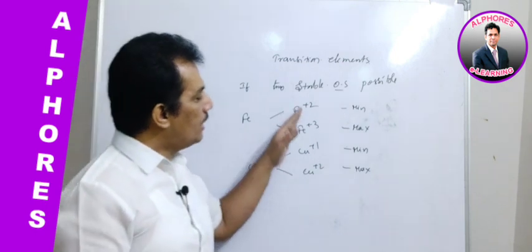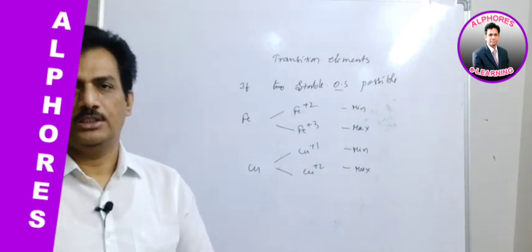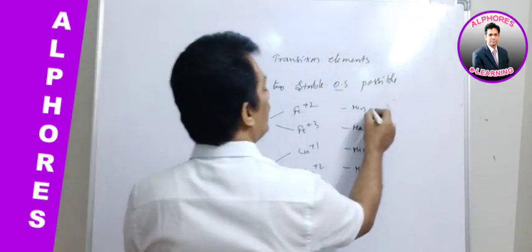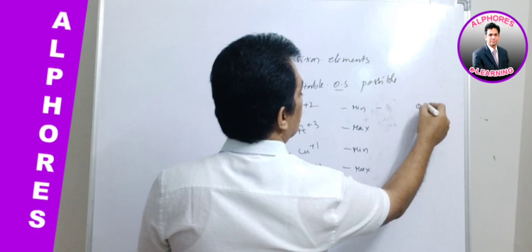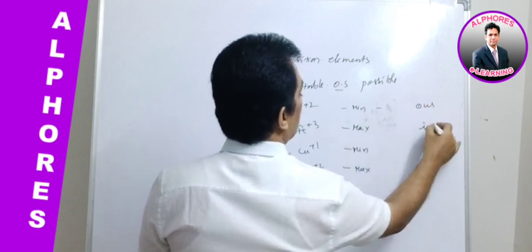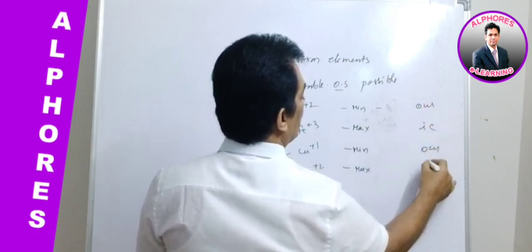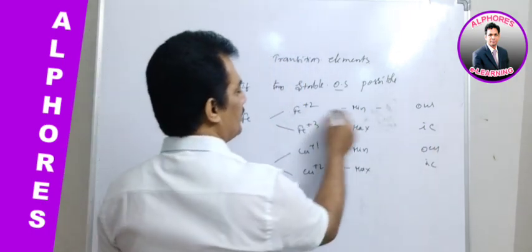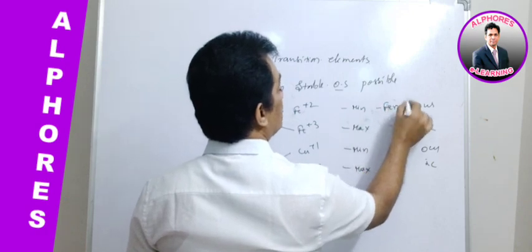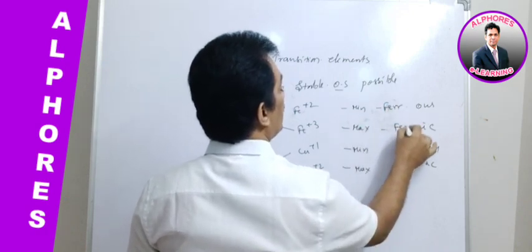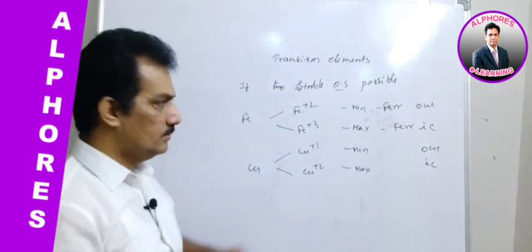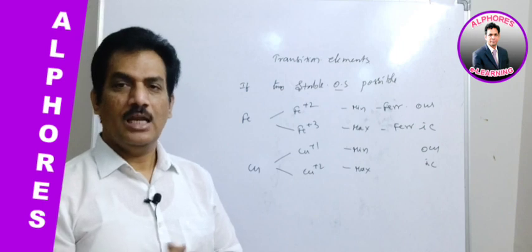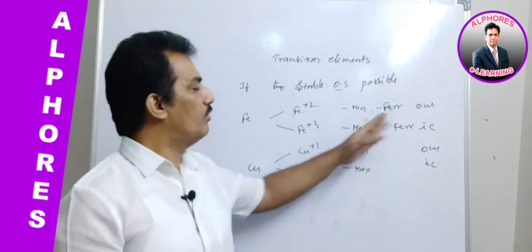And now when they are exhibiting two different oxidation states, minimum and maximum, the name of the minimum always ends with us and the maximum with ik. Us, ik. That's why now I think you know the name of this. It is ferrous, it is ferric. Just remember, minimum ends with us, less us, more with ik.